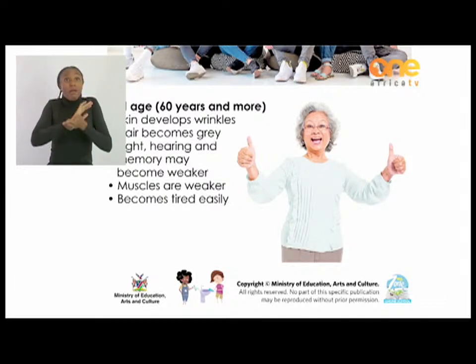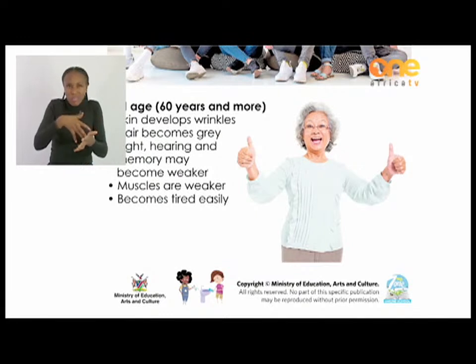The sight, the hearing, and the memory may become weaker. When you are staying with a grandmother or grandfather, they normally call you closer when you're talking to them because they can't hear well. Sometimes you might realize that they even send you somewhere because they can't see well. The muscles become weaker.